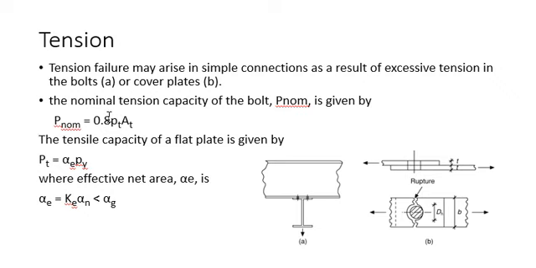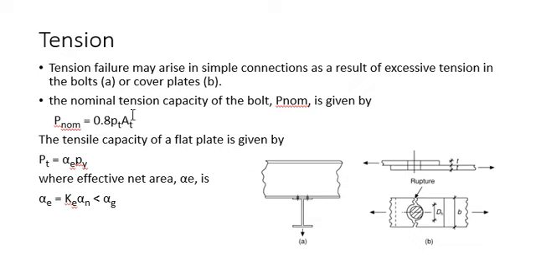For the bolts, this is what the code gives. The nominal tension capacity is given as 0.8 pt At, where pt is the tension capacity of the bolts. That one too, the pt, the tension capacity or the tension strength of the bolt, is given in the code in Table 34, so you can look at that.